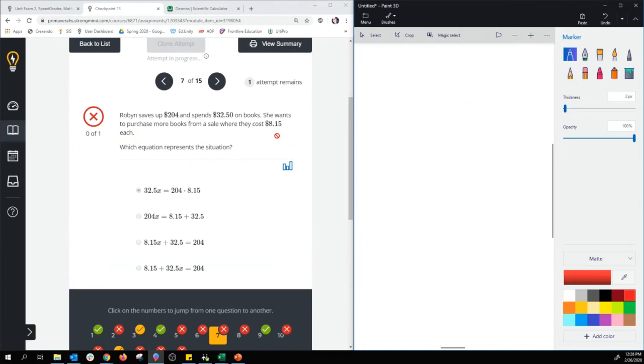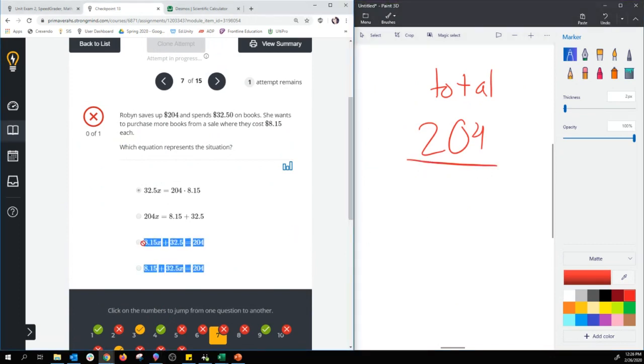I guess, or you could think about it as how much money does she have? Robin has $204, right? This is her total. This is how much she can spend total, which means this 204 needs to be by itself.